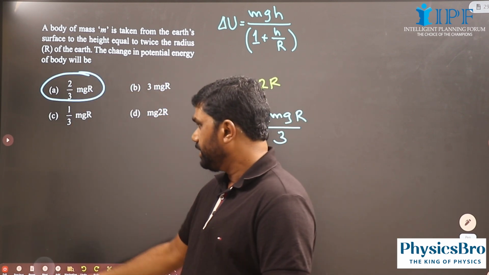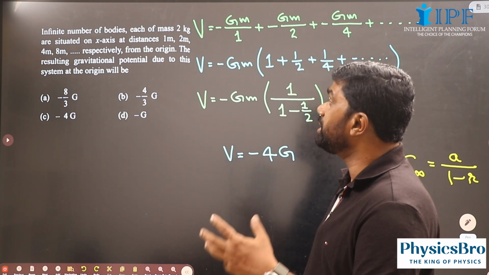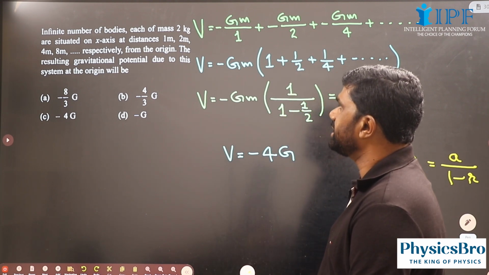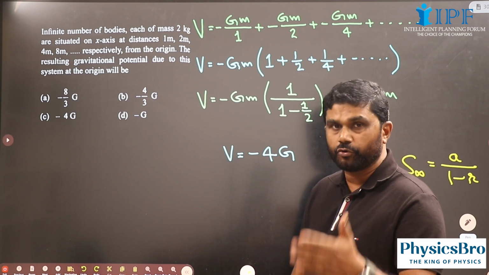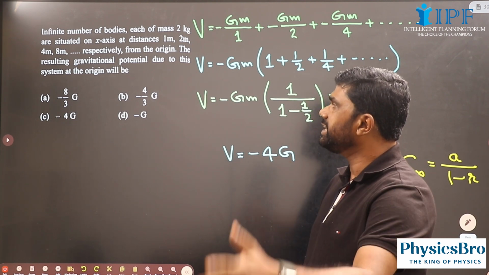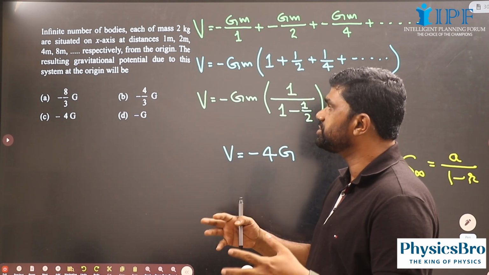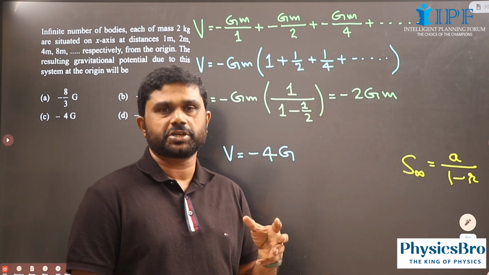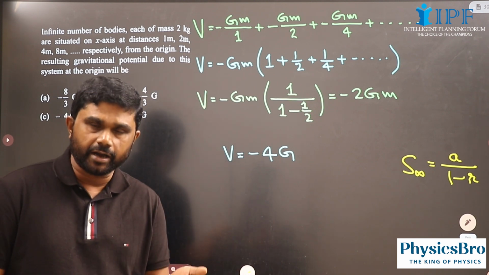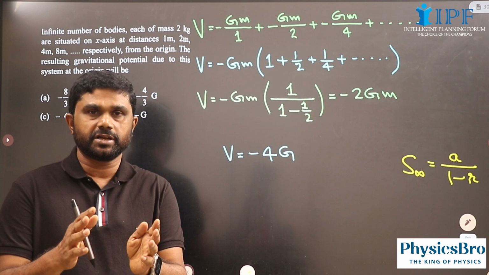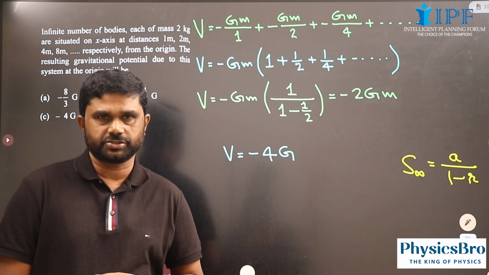Now let's see, infinite number of bodies, each of mass 2 kg, are situated on the x-axis at distances 1 meter, 2 meter, 4 meter, 8 meter, like that from the origin. The resulting gravitational potential due to this system at the origin will be. See, total gravitational potential being a scalar, the total potential will be simply the sum of the potentials due to the individual masses.